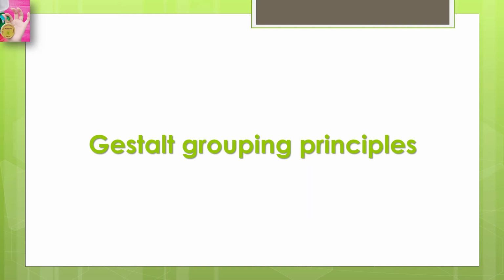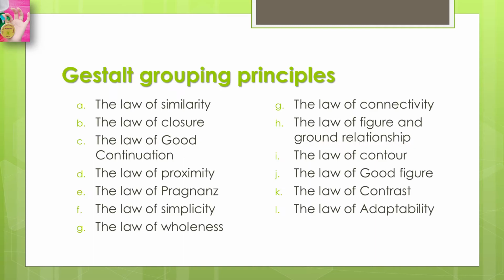The Gestalt psychologists studied how the perception of visual elements became organized into patterns, shapes, and forms, and they identified several laws or principles that we tend to follow in grouping elements together to arrive at a perception of form, shapes, and figures. These principles, which come under the law of grouping, include similarity, closure, good continuation, and proximity.